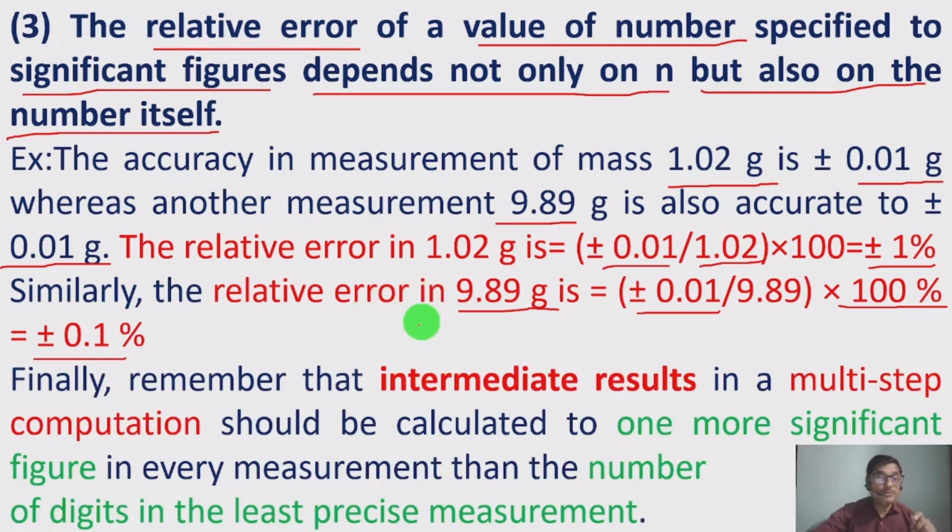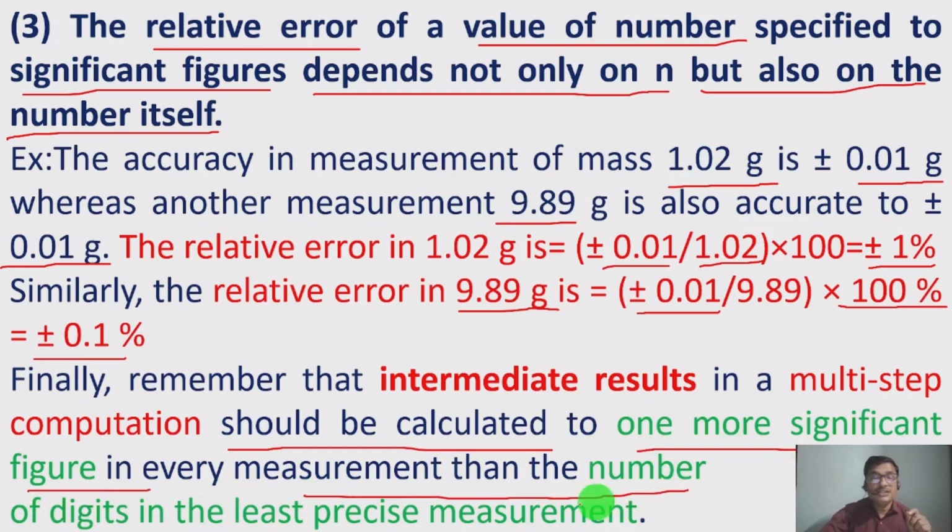Then finally remember that intermediate results in multi-step computation should be calculated to one more significant figure in every measurement than the number of digits in the least precise measurement. Whatever the value of the least precise measurement, one more significant figure should be taken in the intermediate steps of the multi-step computation, and the final result is rounded to the proper significant figure.